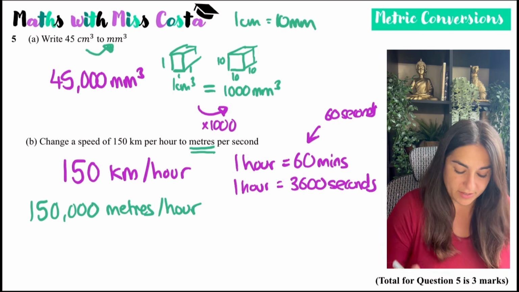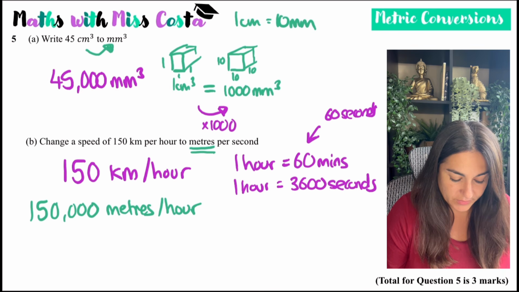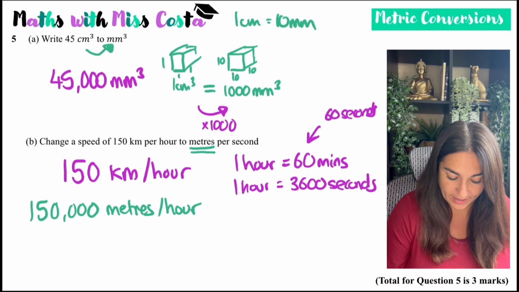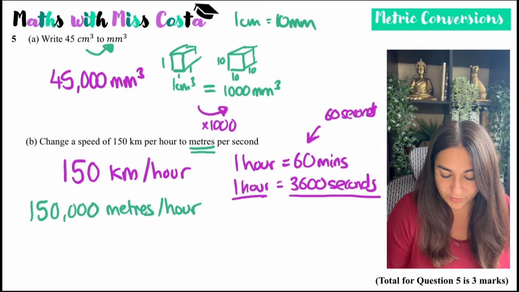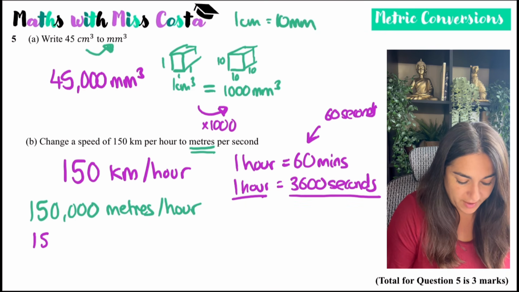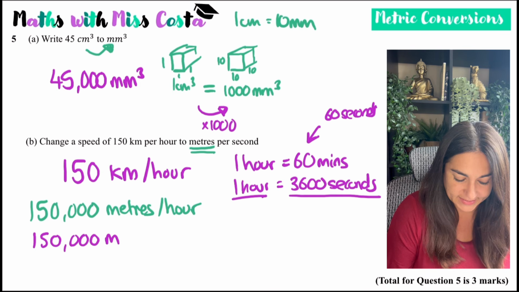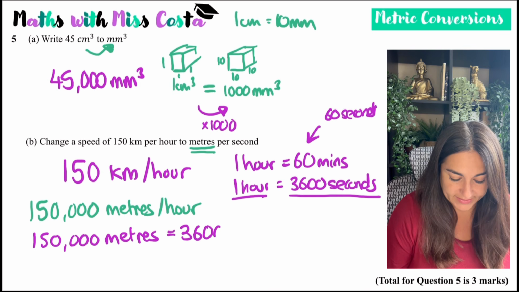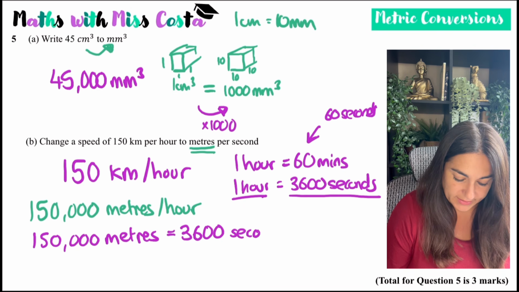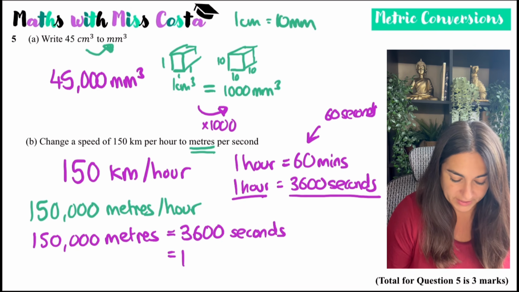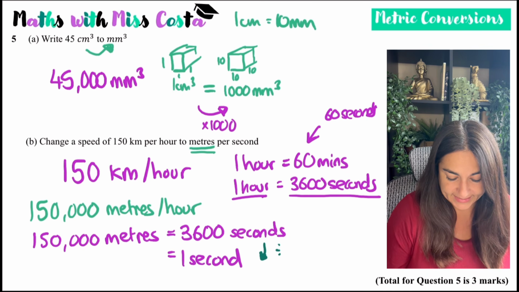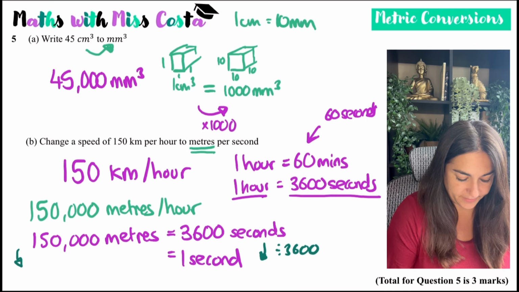In 1 hour, the distance traveled is 150,000 meters, and I know that 1 hour is 3,600 seconds. So 150,000 meters is traveled in 3,600 seconds. If I want to work out how much is traveled in 1 second, what I can do is divide by 3,600.